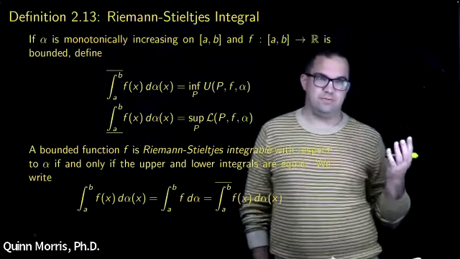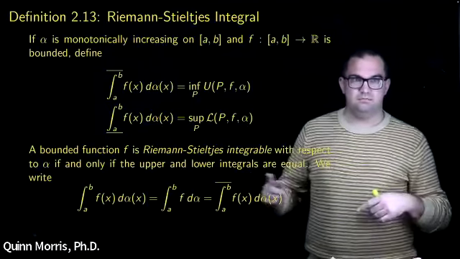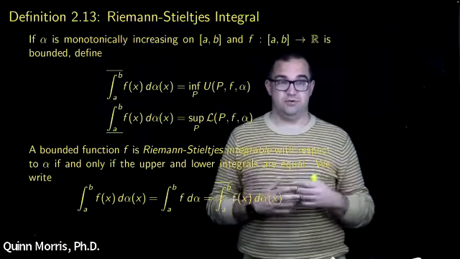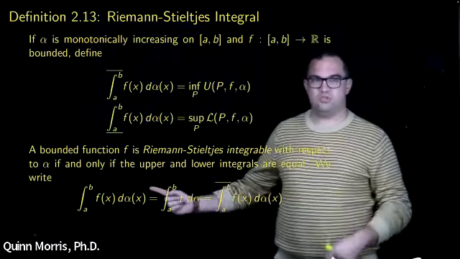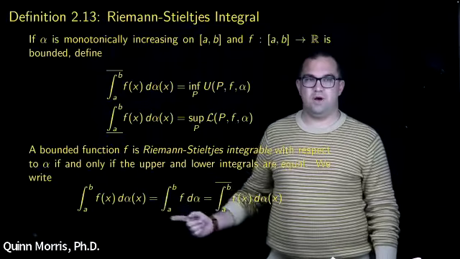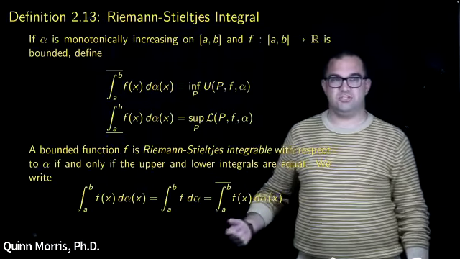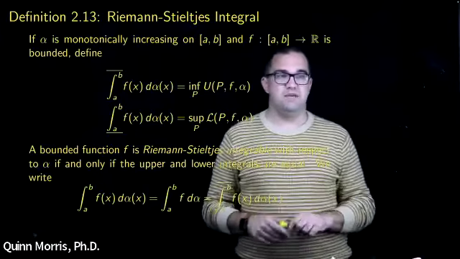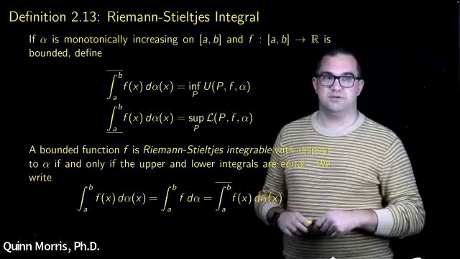You could also write the lower Riemann-Stieltjes integral, because we're talking about the case where they are equal to each other. So the value of the Riemann-Stieltjes integral is just that common value of the upper and lower Riemann-Stieltjes integral.